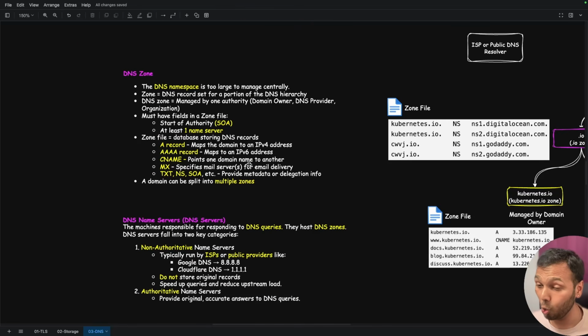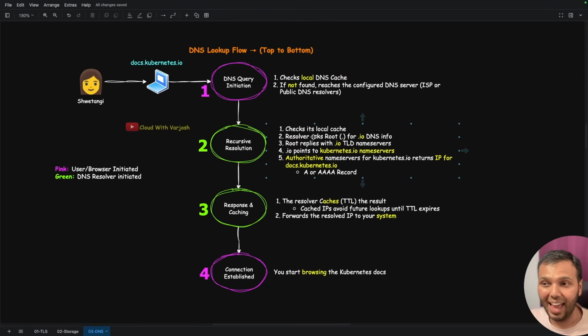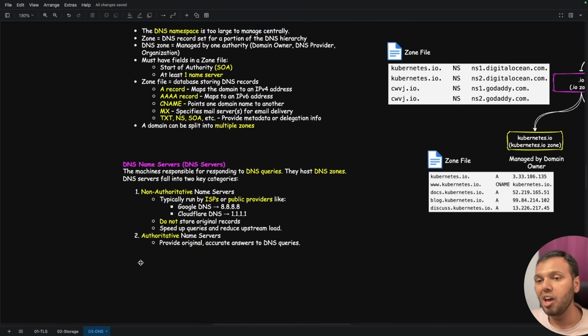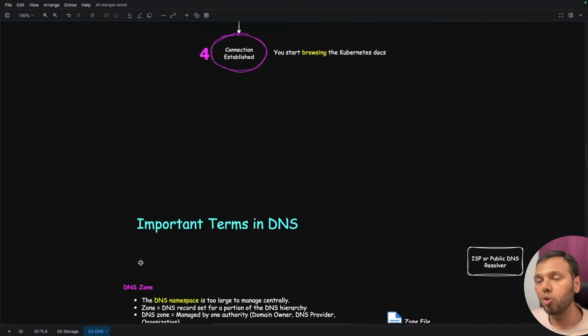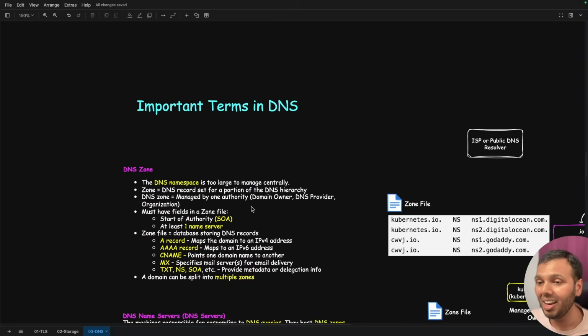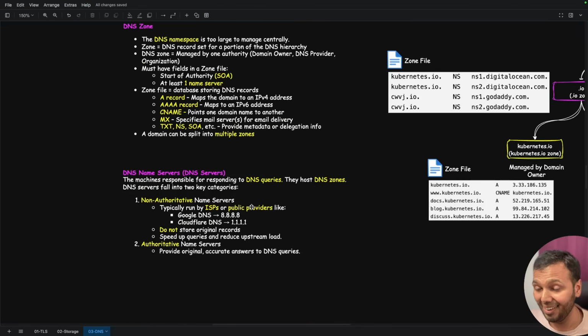But I want you to know one thing. Let's say the IP address of my website changes, but my ISP has already cached my old IP. How do I ensure that the new IP reaches my ISP? That is only possible when your ISP follows the right to left process again, because only then will the name servers of your website return the new IP address.